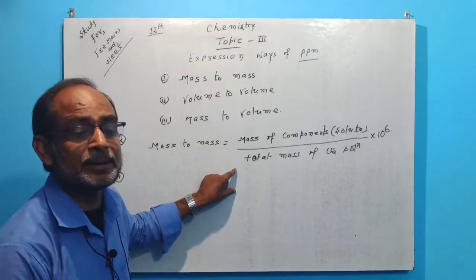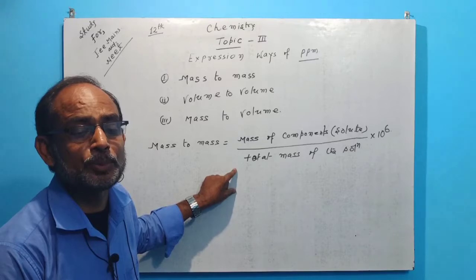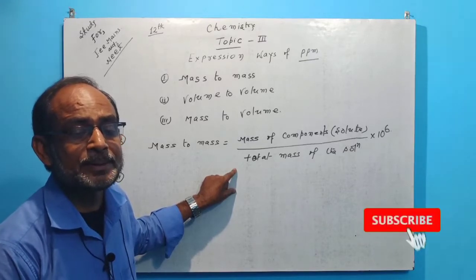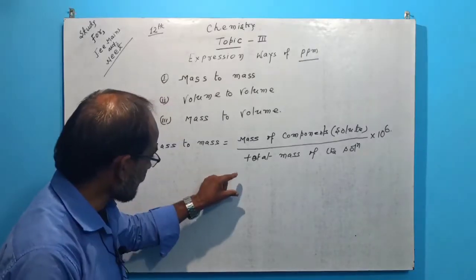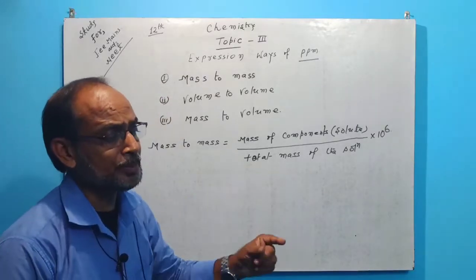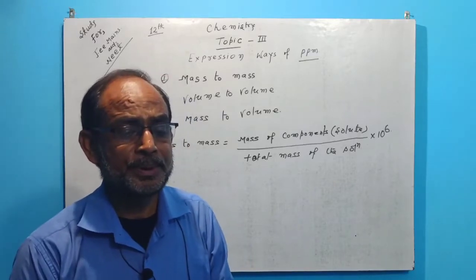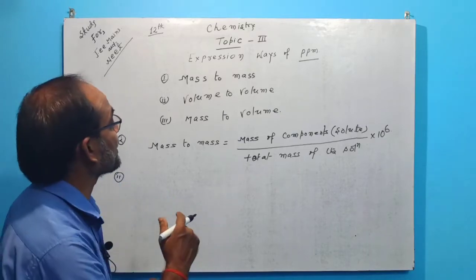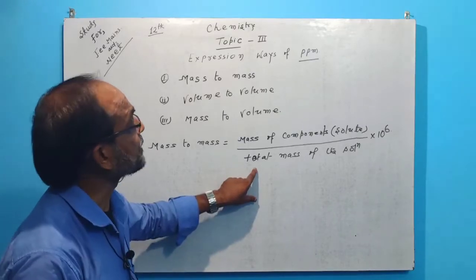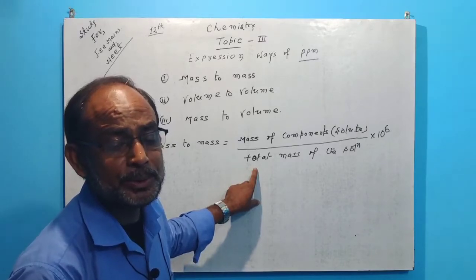Again, listen about the relation volume to volume: the ppm of volume to volume is the millions of times the ratio of volume of component and the total volume of the solution.